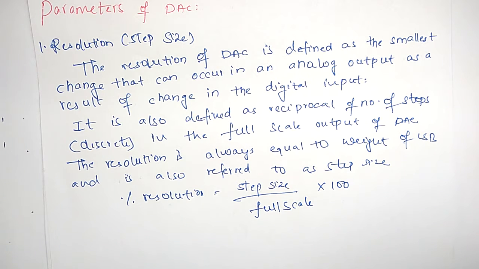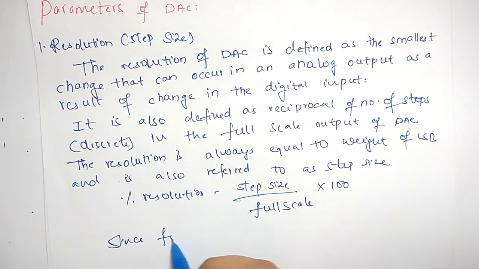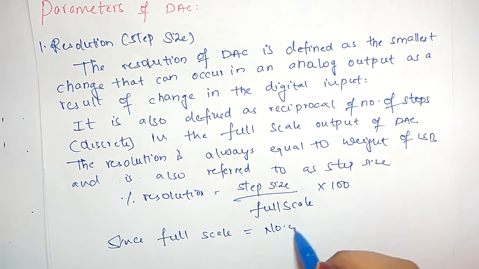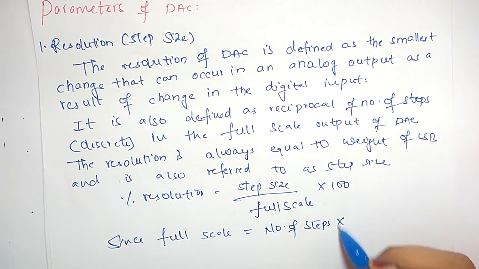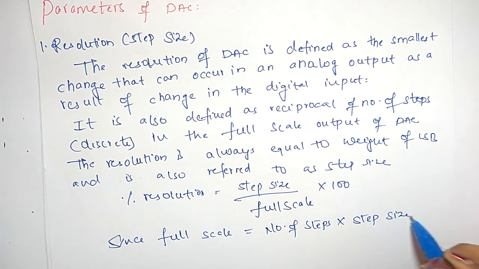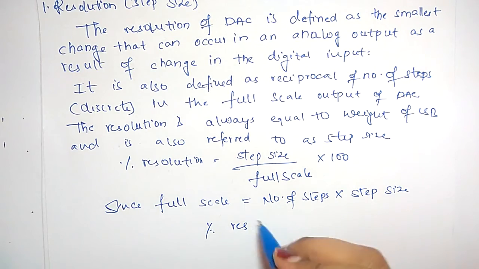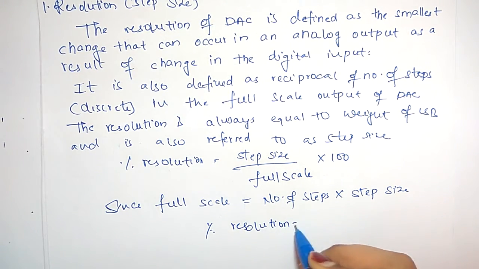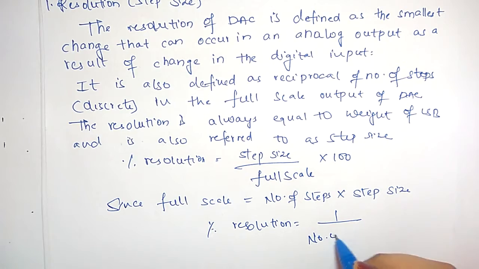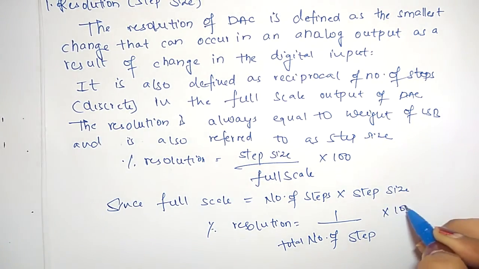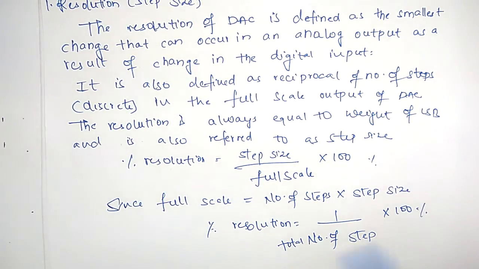Since full scale is nothing but number of steps into step size, percentage resolution can also be written as 1 by number of steps, that is, the reciprocal of the number of discrete steps, 1 by total number of steps into 100 in percentage form.